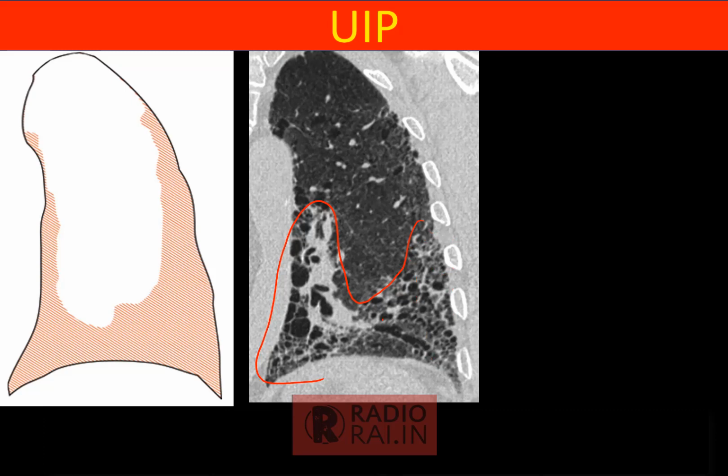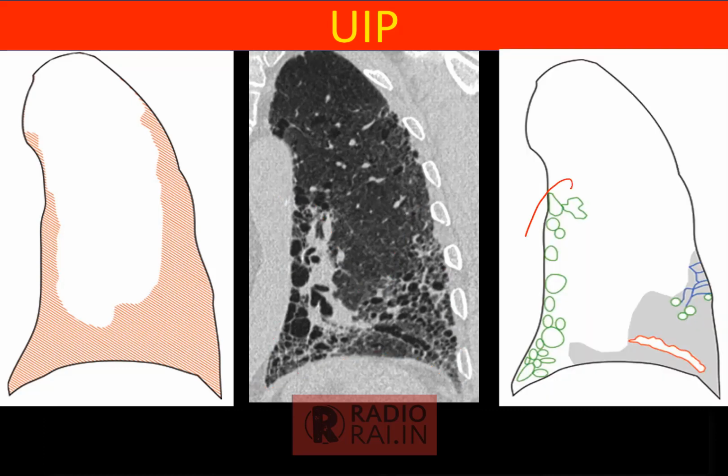And also we can see the bronchus has dilated here, so it's called bronchiectasis, which is again because of the traction, which is because of the fibrosis. What we are seeing is a traction bronchiectasis, honeycombing, and basal predominance, which is the classical picture of unusual interstitial pneumonia. Now if you see again, we can see that there is honeycombing, there will be traction bronchiectasis, reticular opacities.